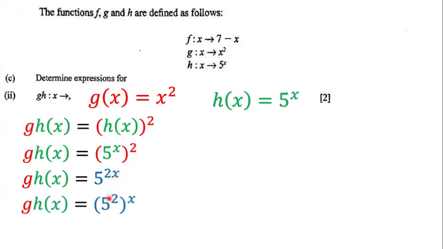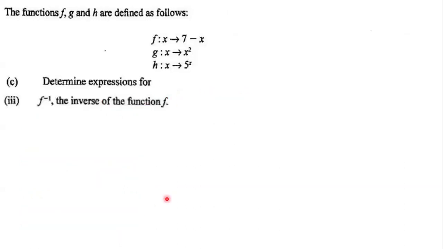And so what we actually have here is 5 squared to the power of x. And what is 5 squared? Well, 5 squared is actually 25. And so we have 25 raised to the power of x. That means that g of h of x is equal to 25 raised to the power of x. And that's our answer to this question.